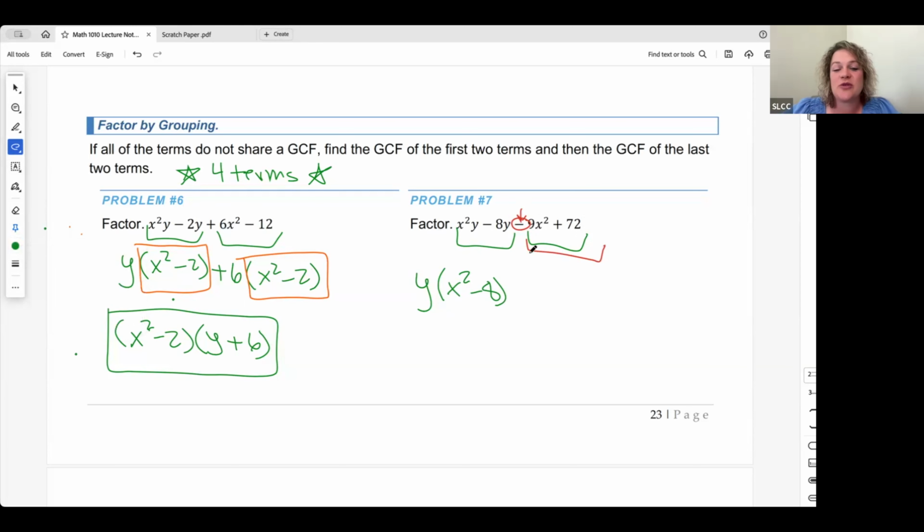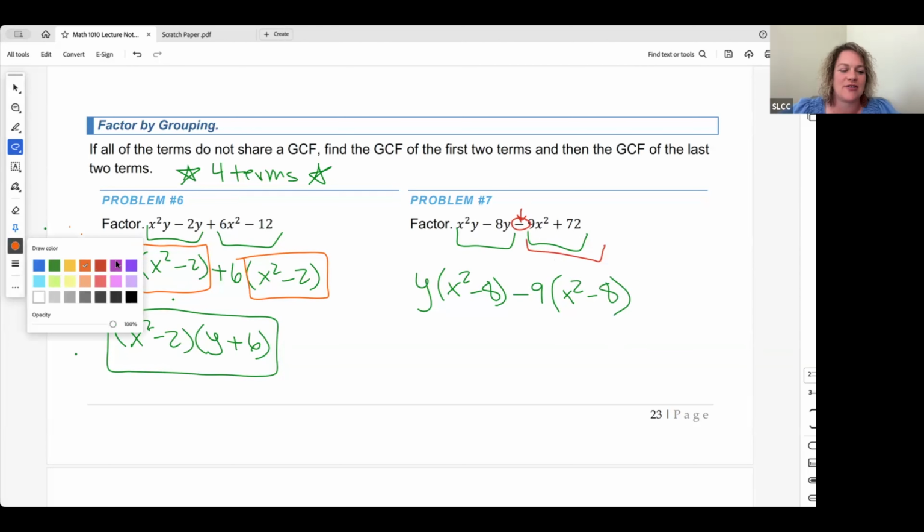I notice the first term is negative, so I take out a negative. I can also take out a 9. And then what do I have left? When I divide by negative 9, I get x squared, and 72 divided by negative 9 is negative 8. Again, we see that common binomial factor.